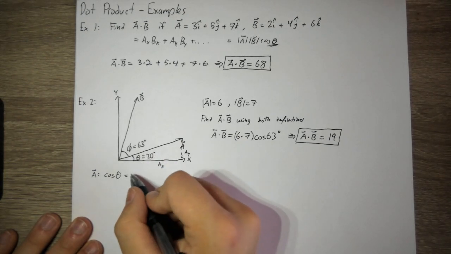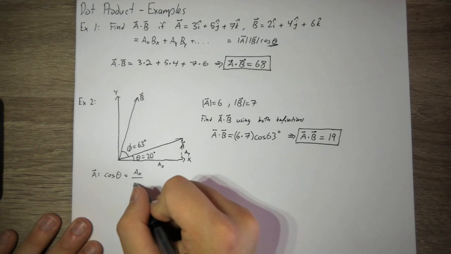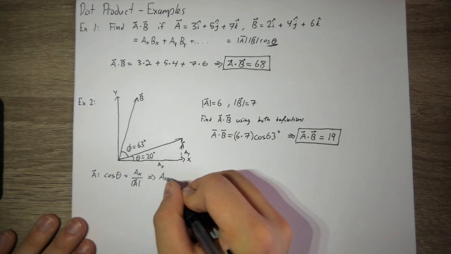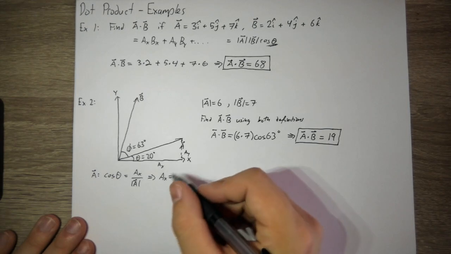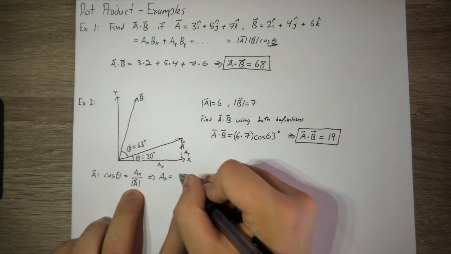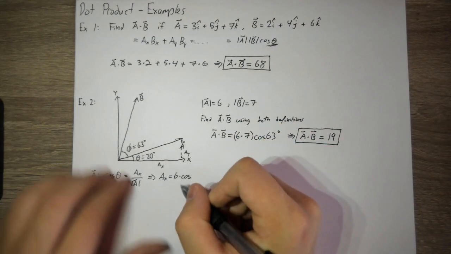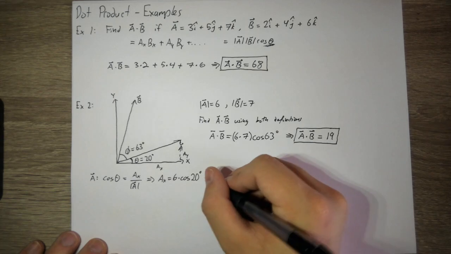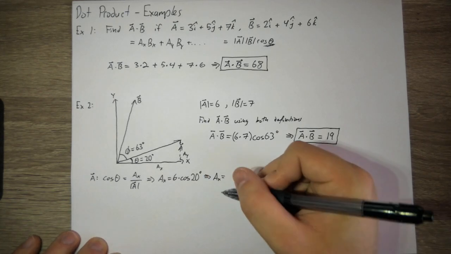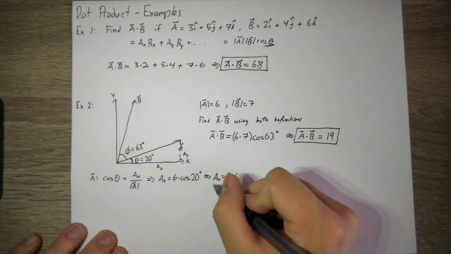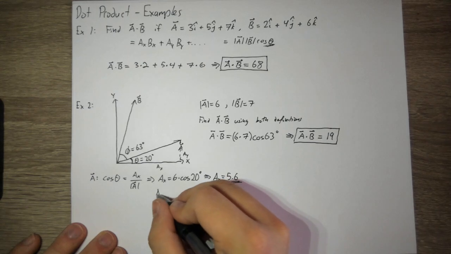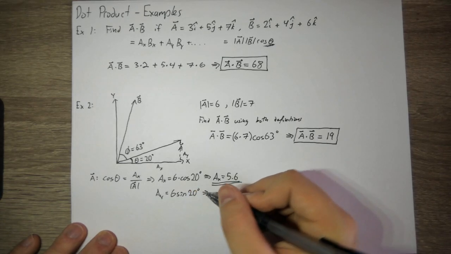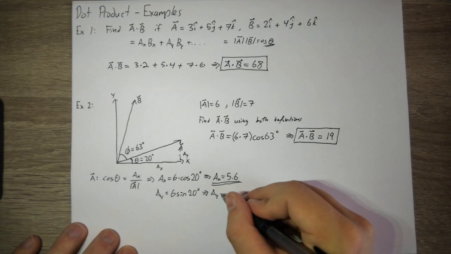This is our adjacent, so the cosine is the x component over the magnitude, and therefore Ax is equal to the magnitude 6 times cosine of this angle, the 20 degrees. Plug that in and you will get 5.6. Then for the y component, we do the same thing but use our sine function, and you should get 2.1.